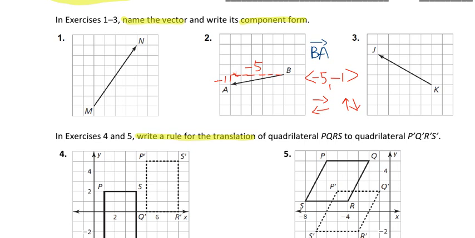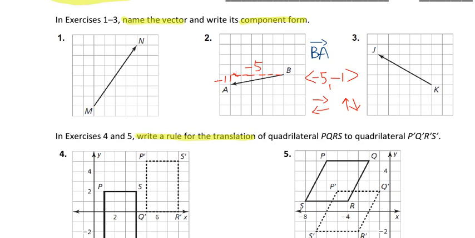So we're going to be writing a rule. And remember that a rule is different from the component form. There are different ways to write the vector. You could have a vector as a drawing. You could have the vector in component form, and now we're going to write it as a rule.